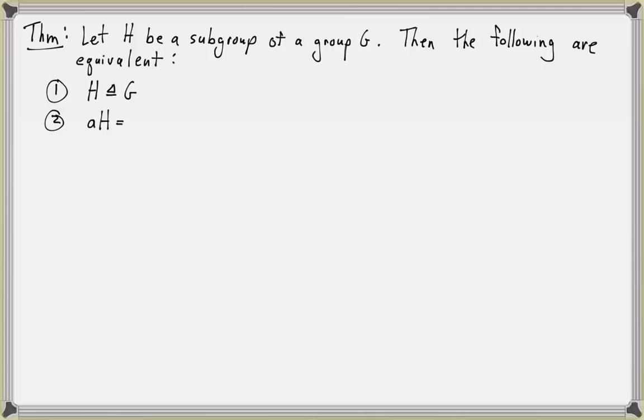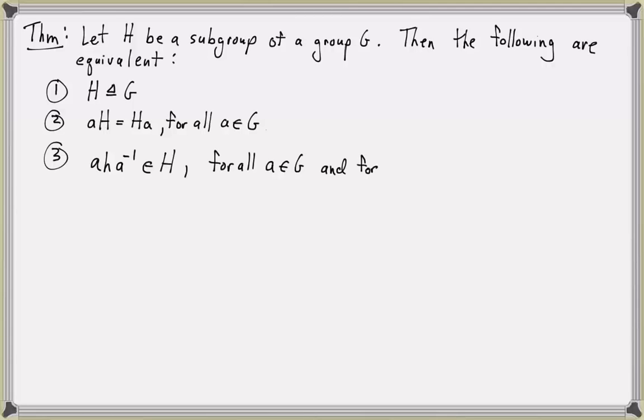So AH equals HA for all A in G. Three, A inverse h A is an element of H for all A in G and for all h in subgroup H. Statement 4, the conjugate of H by A, A inverse H A, is contained in H, is a subset of H, for all A in G.